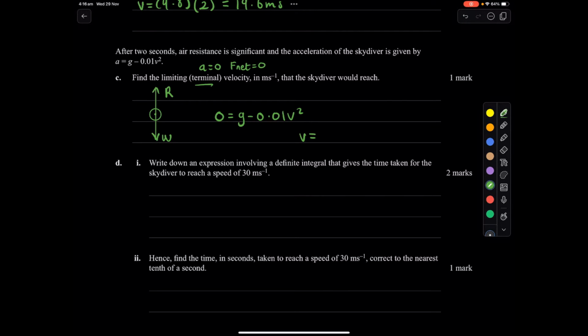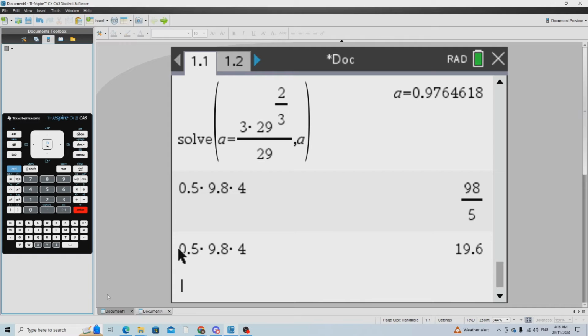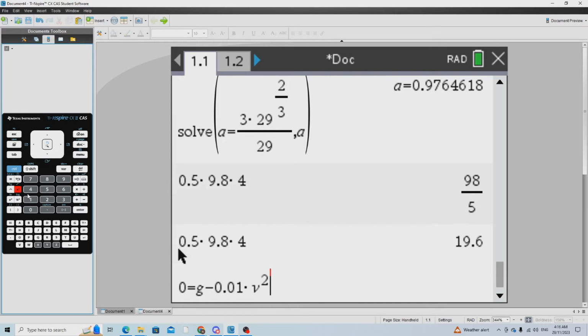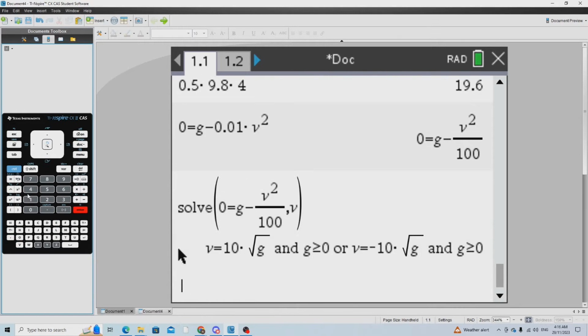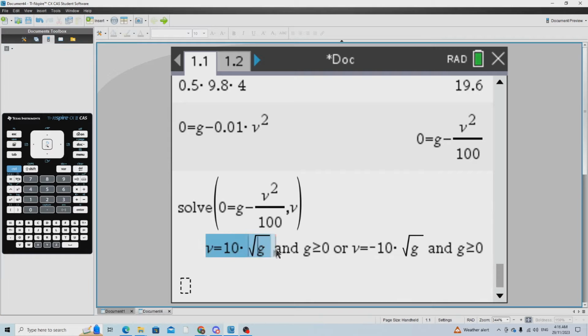Hence, what's v? Let's use our calculator. So we're saying 0 is equal to g minus 0.01 times v squared, and we want to solve for v. And we get 2 answers, but of course, it says find the limiting velocity.